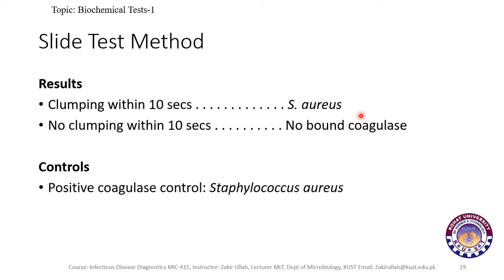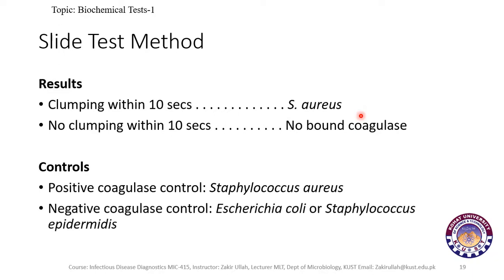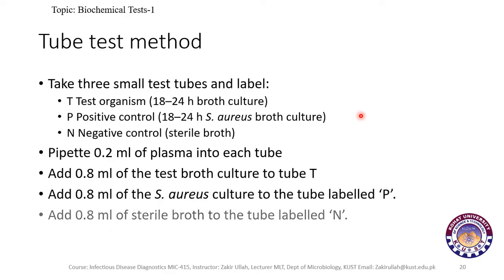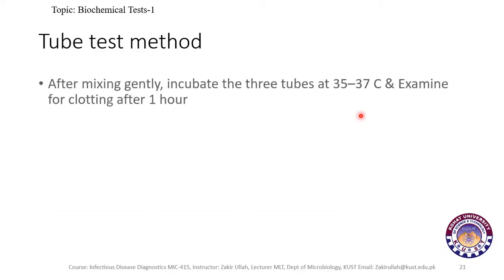On the slide method, bound coagulase is determined, and on the tube test, free coagulase is determined. This is the procedure of the tube method.